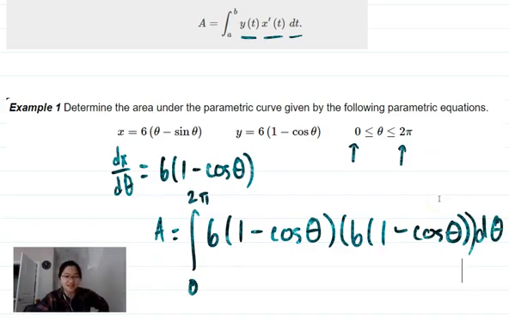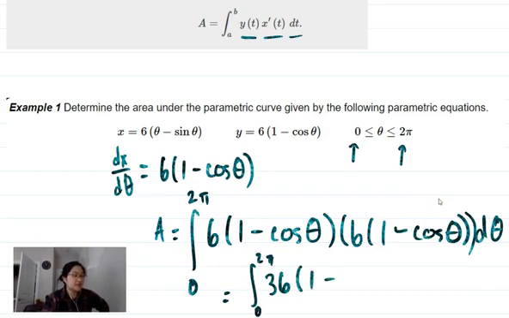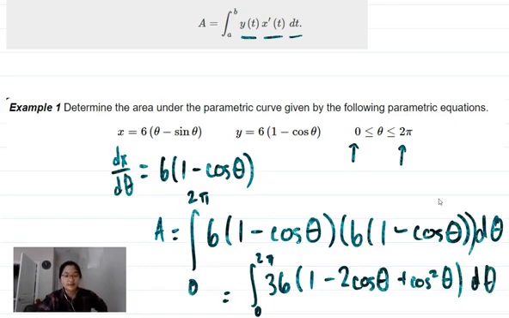Alright, that's not so bad. I guess we have the exact same thing, so we can just multiply through a little bit. So we get the integral from 0 to 2 pi of 36 times (1 minus 2 cosine theta plus cosine squared theta) d theta. This seems like it should be nice.